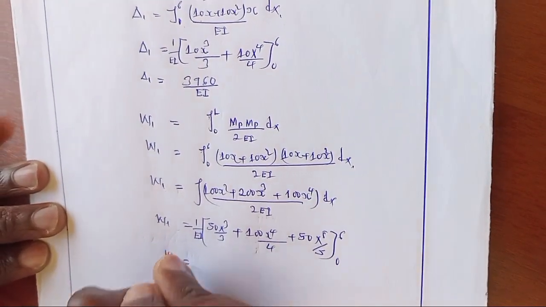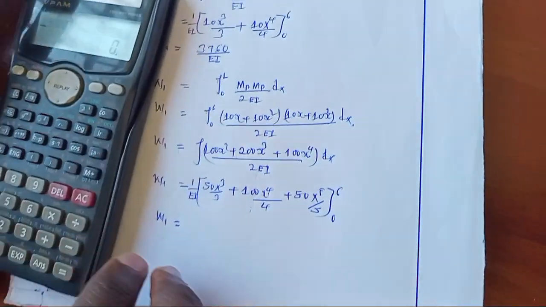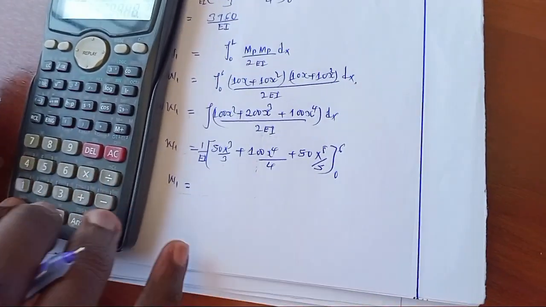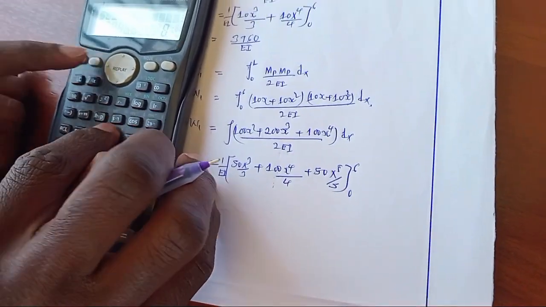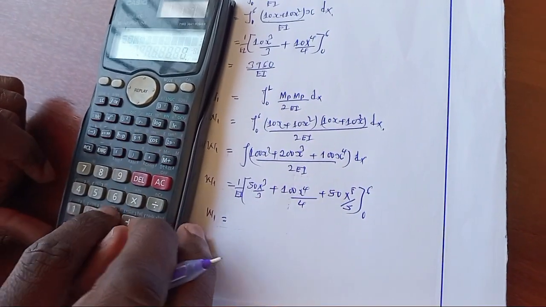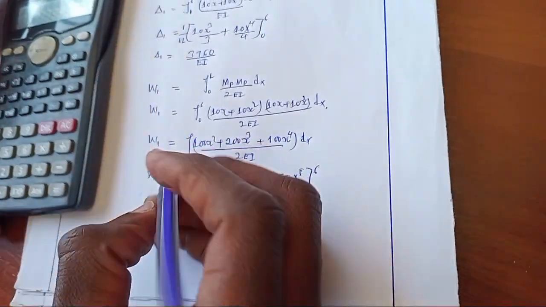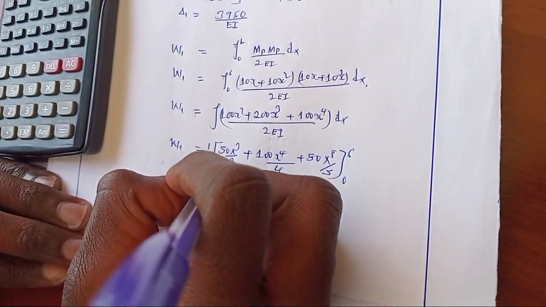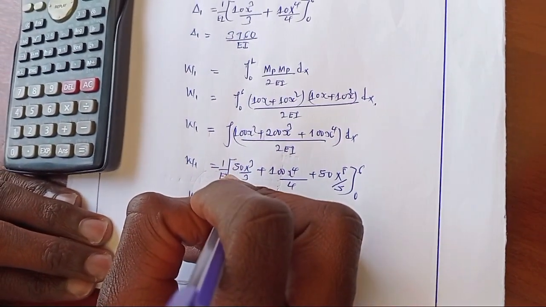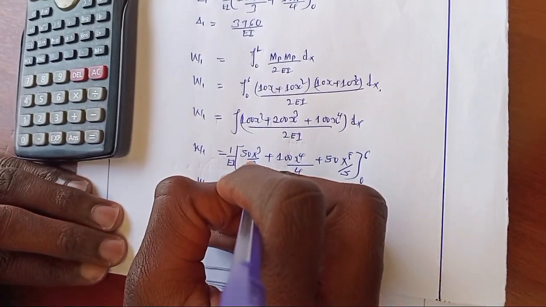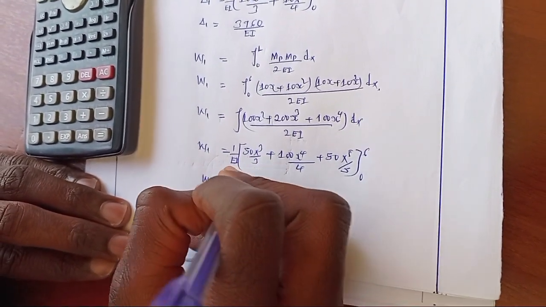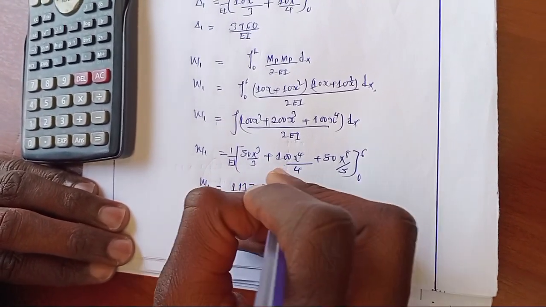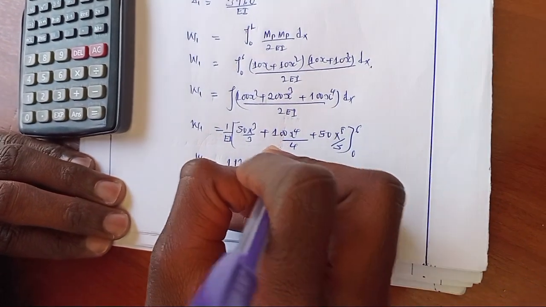So our product will be this one over EI. This is in joules.